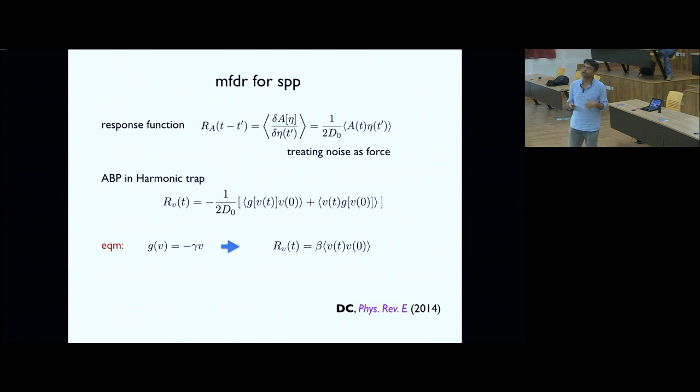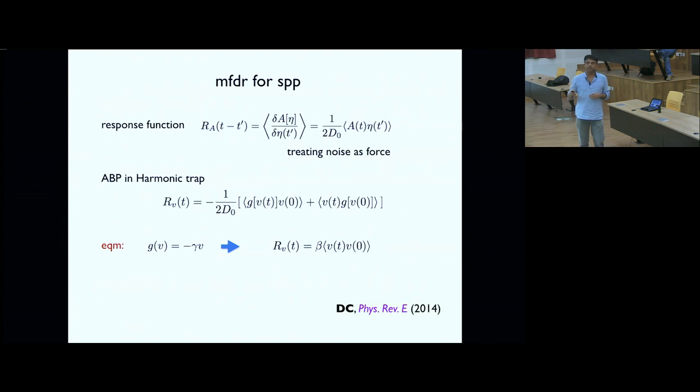Then we can use our equation of motion, and with some steps of algebra, one can show that the velocity response of this system in presence of this external harmonic trap has this structure where I have a correlation of this G. G is taking care of all the time reversal asymmetric, velocity dependent parts, like minus gamma v and the external force F of v. These two together I am calling G.